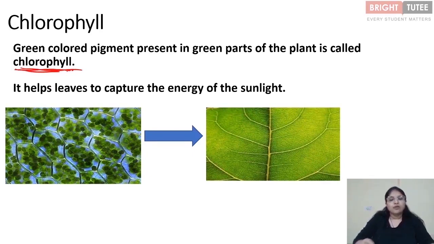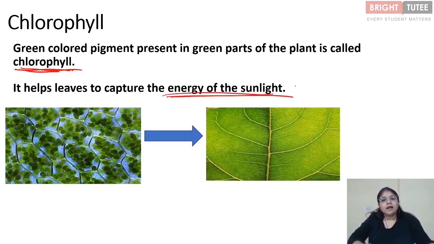This pigment is really important because it helps in capturing the energy of the sunlight. If you remember, sunlight was one of the important raw materials required by the leaf to perform photosynthesis. So what is chlorophyll? Chlorophyll is a green pigment which helps in capturing the sunlight, and the energy of this sunlight helps the leaf to further convert all the raw materials into food.